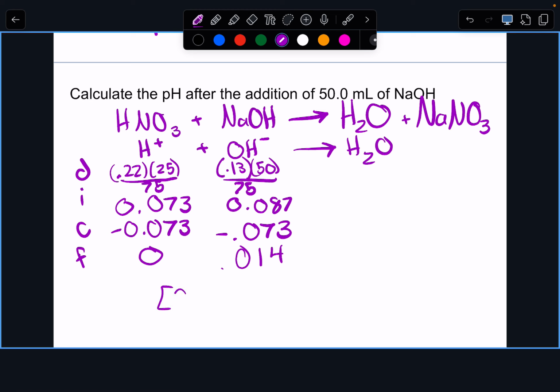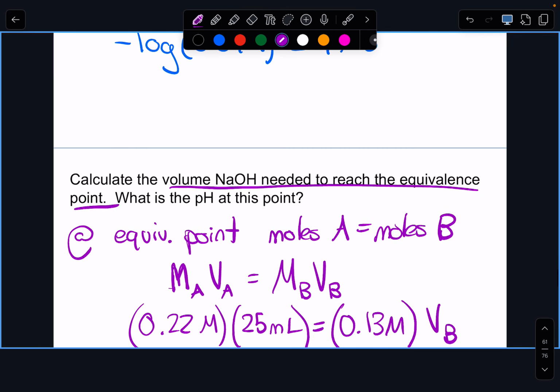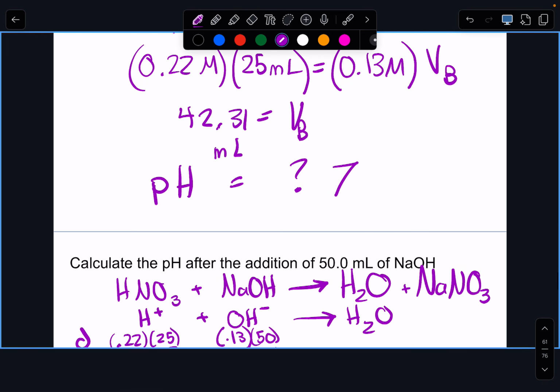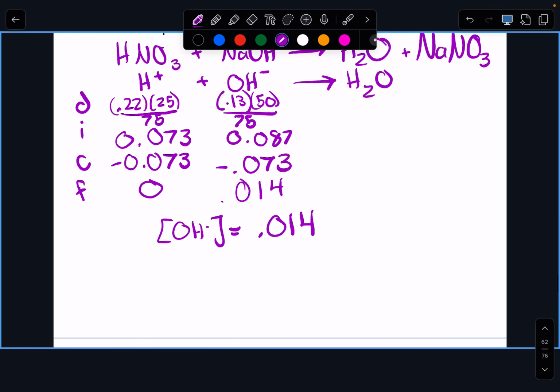So now the concentration of OH minus is 0.014, whereas two ago we had the concentration of H3O plus as our remaining amount. We could just take the negative log of that to get the pH. If it's after, we have to take 14 minus the negative log to get the pH.